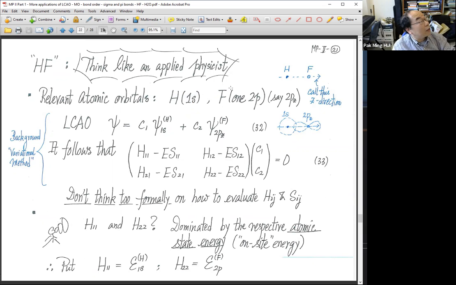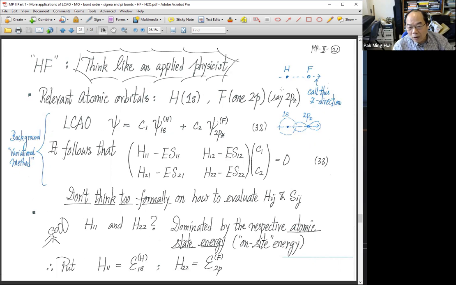Fluorine has 9 electrons, so 1s2, 2s2, 2p5. With 2p5, it means maybe px pairs up, py pairs up, and you have 1 electron left, which you call z. That is to say, we call the special direction the Z direction.